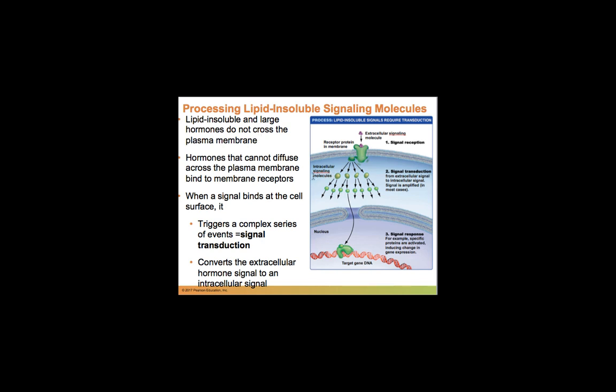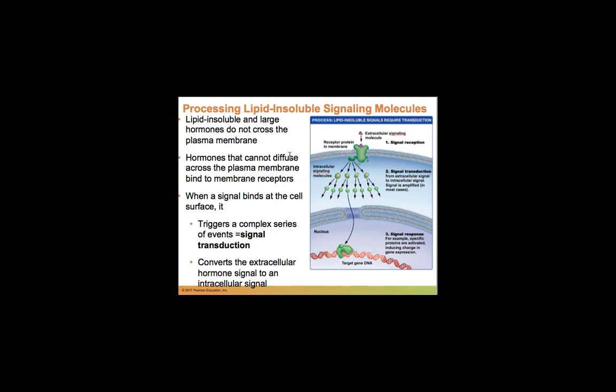So, when an insoluble lipid signal binds to a cell surface receptor, its binding is going to trigger a signal transduction cascade, which is going to translate into a bunch of intracellular signaling molecules, our secondary messenger systems. Then we will convert that extracellular hormone into an intracellular signal, which can then impact our DNA.